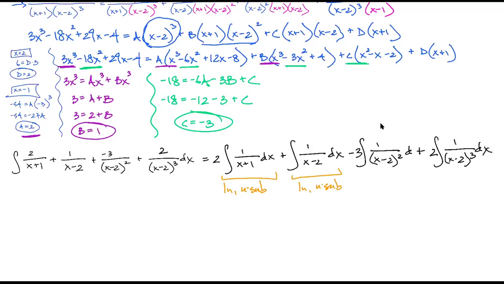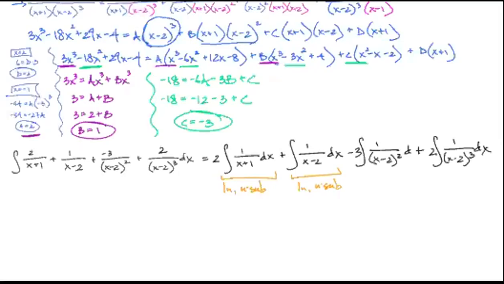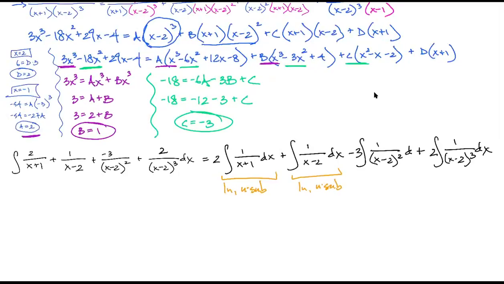Okay. All right, so for the third fraction, 1 over x minus 2 squared, what rule are we going to use there? Power. Yeah, we're actually going to use the power rule. Exactly. Okay.